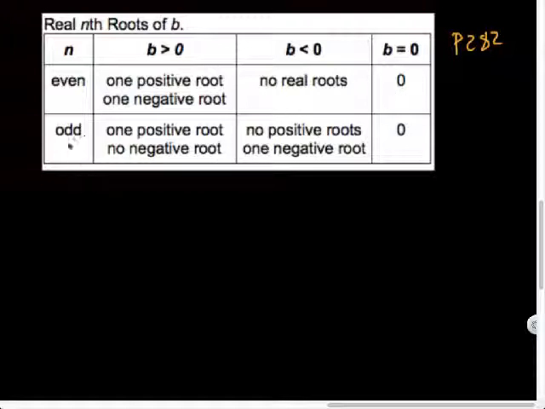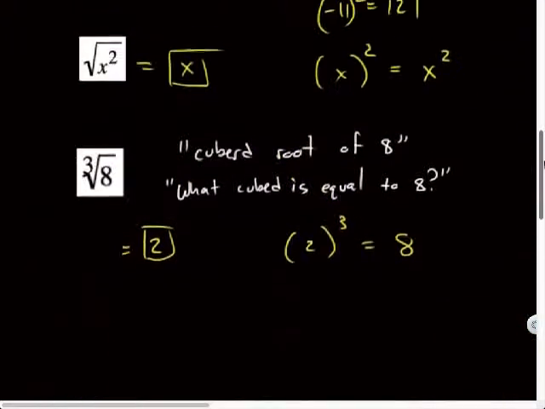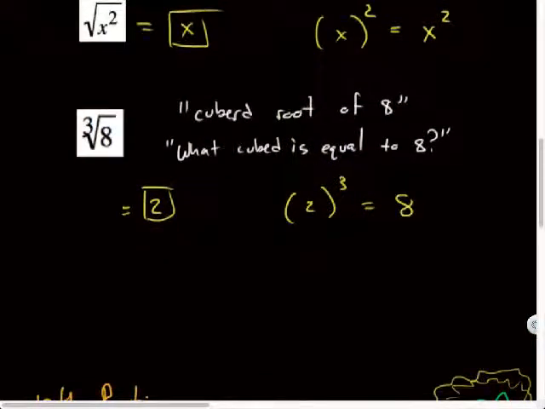Now, in the case of odd roots, if I have an odd index, and b is positive, like the cubed root of 8, we got 2. But here I'm actually making the claim that there's no negative root. Let's see if that makes any sense. Is negative 2 cubed not equal to 8?